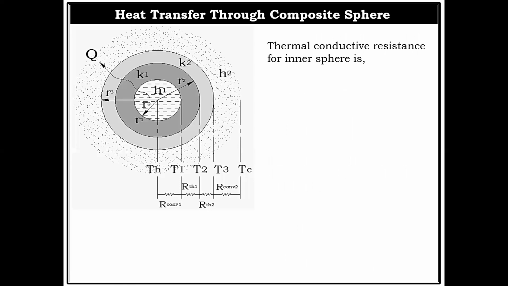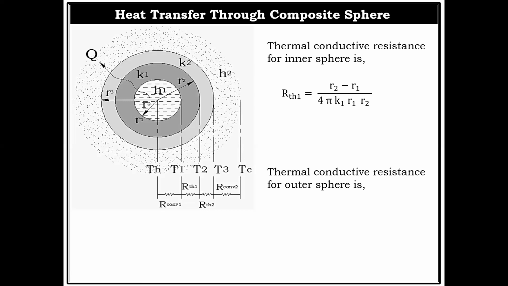Now the thermal conductive resistance for the inner sphere having radius R1 to R2: the formula is thermal resistance 1, second minus first radius, so (R2 minus R1) divided by 4 pi k1 times the product of R1 and R2. And similarly for the outer sphere, from radius R2 to R3, thermal resistance 2 will be (R3 minus R2) over 4 pi K2 R2 R3.